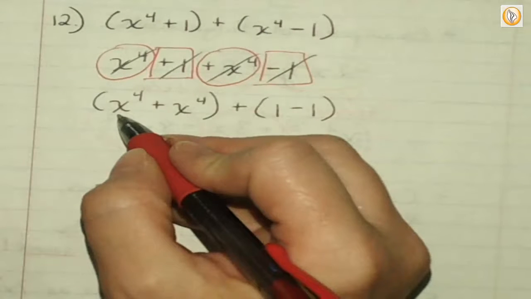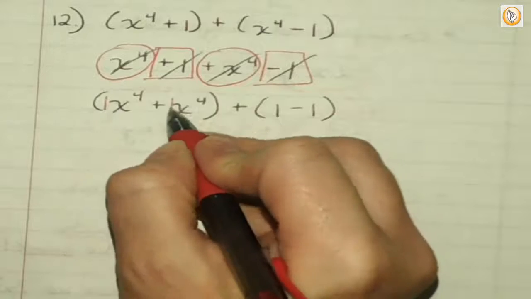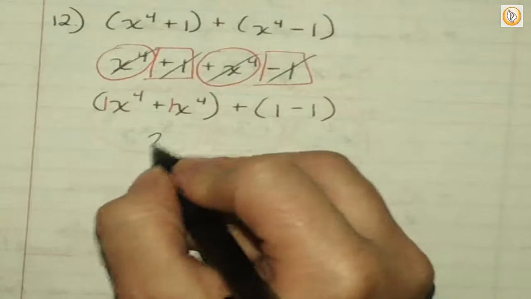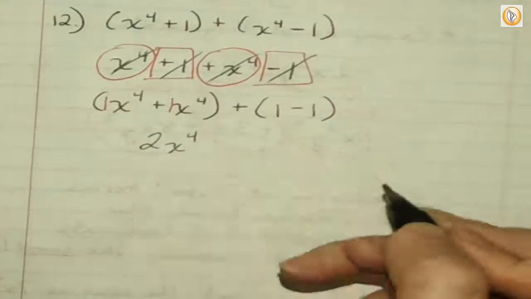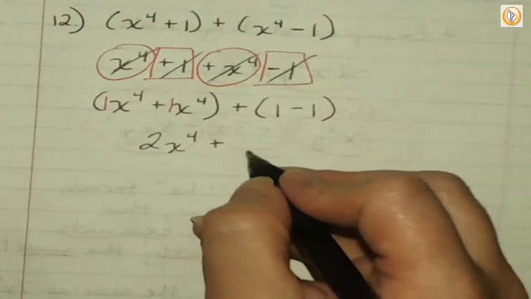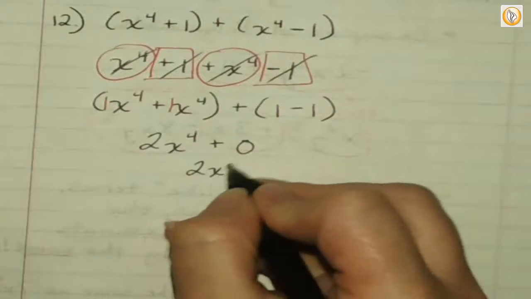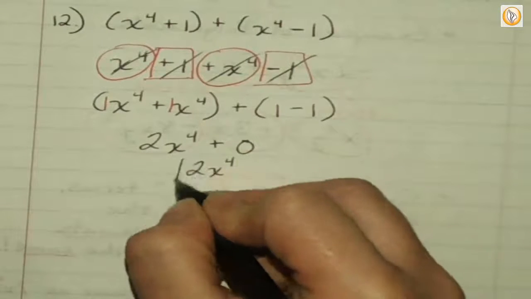If we don't have a number in front, what do we pretend? 2x to the 4th power. Very good. What is 1 minus 1? 0. So then my answer is 2x to the fourth power.